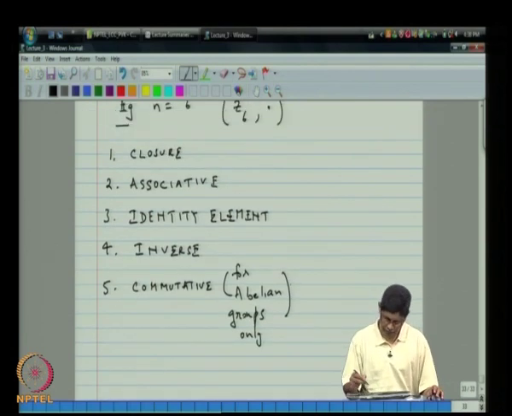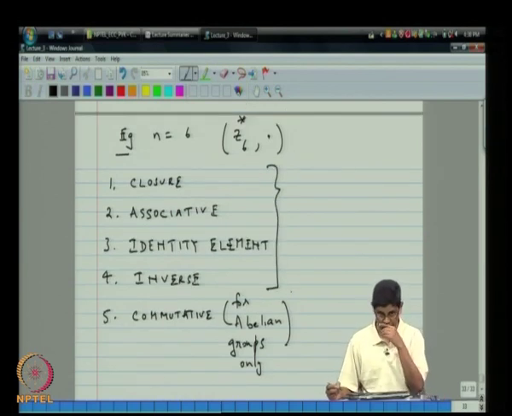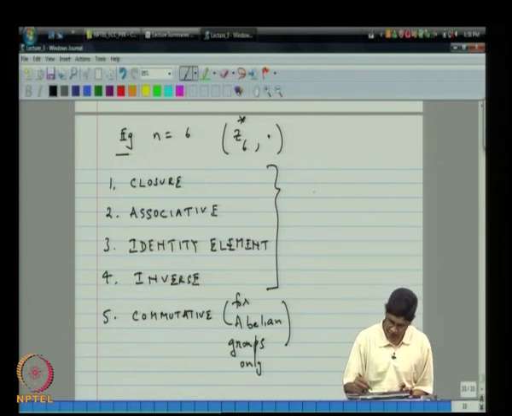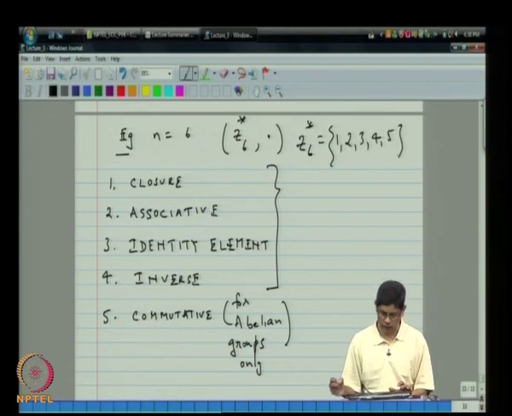Basically there are 4 properties that you need to check. Right away, Z6 star is the set 1, 2, 3, 4 and 5. So, 0 is excluded.